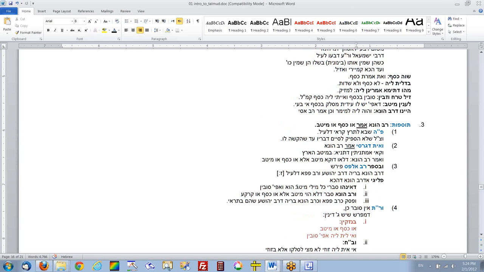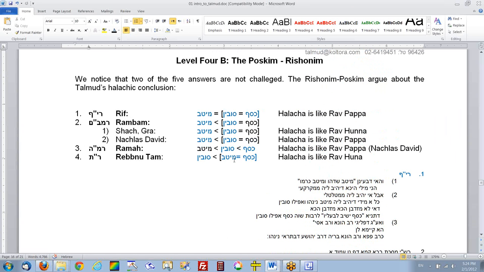So let's see if we wrote that right. He says kesef or meitav, and if you don't have kesef or meitav, then you give subin, which seems like that's the halacha like Rav Papa. So here is the spread of Rishonim that speak about this din.